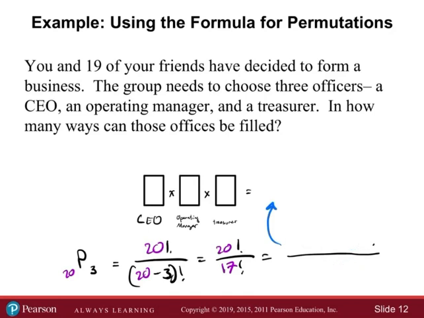Okay, 20, 19, 18. Hey Google, what's 20 times 19 times 18? 20 times 19 times 18 is 6,840. Okay.